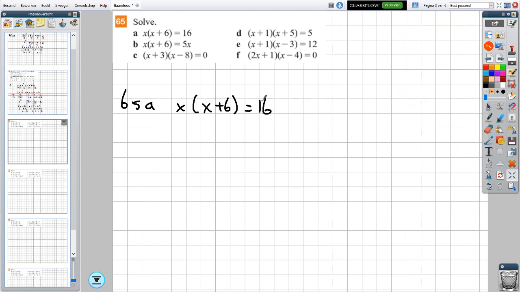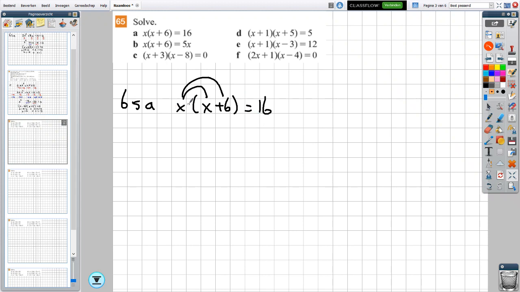But yeah, the right hand side is not 0, so I cannot use that rule yet. And to use that rule, unfortunately for us, we now first have to multiply out this product, multiply out brackets, and then afterwards we can rewrite it as a product again.